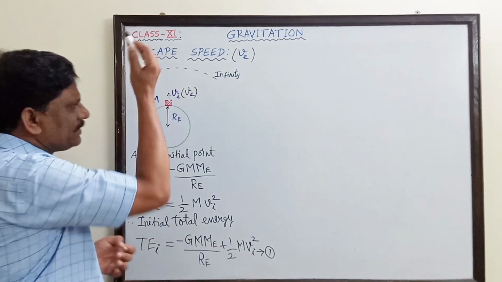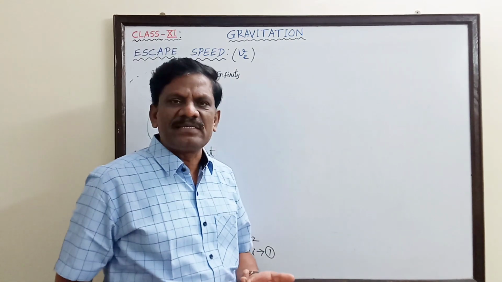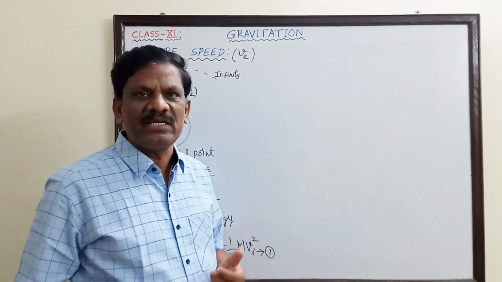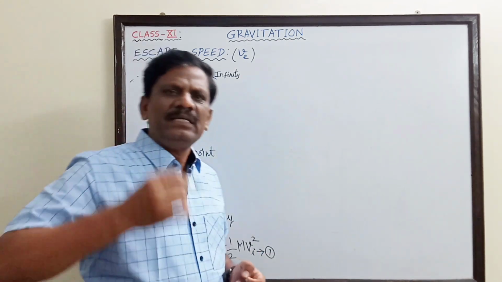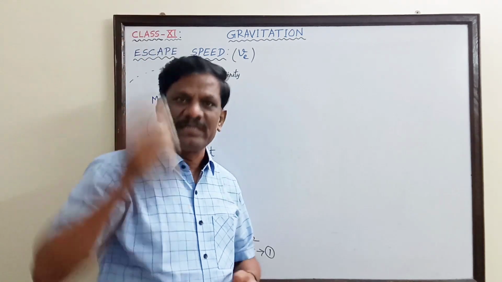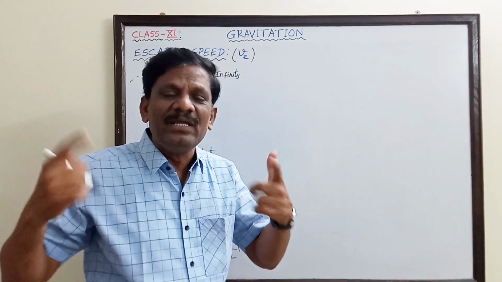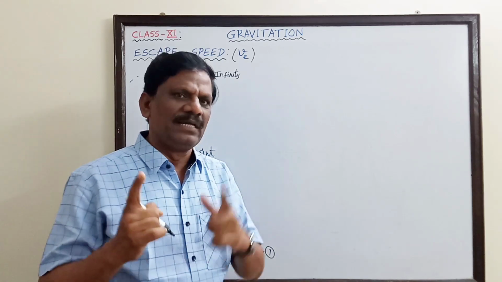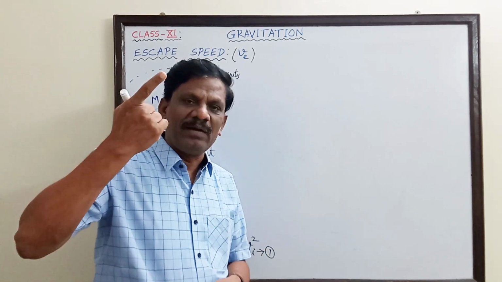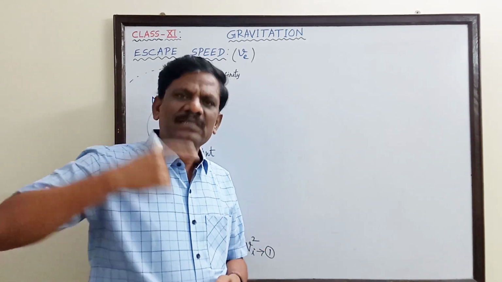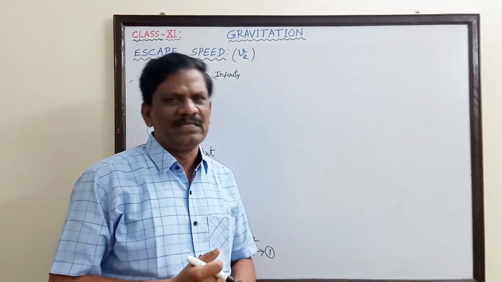Now once it has started with that escape speed, that high velocity, at each and every stage as it goes higher and higher, its velocity will be decreasing. Is it not? Just like a stone which is thrown up, its velocity will be continuously decreasing.